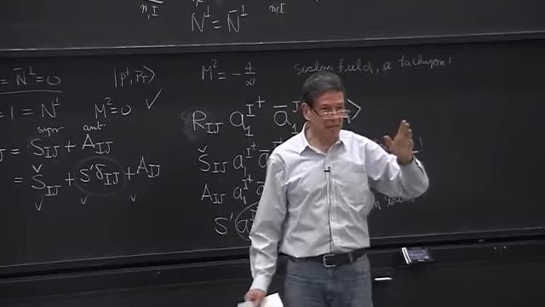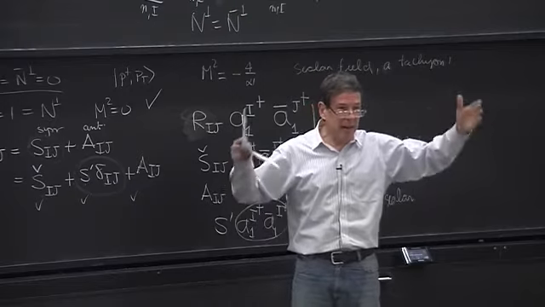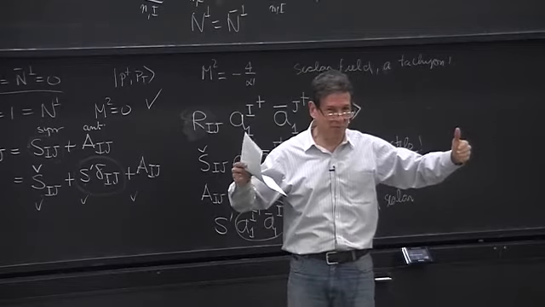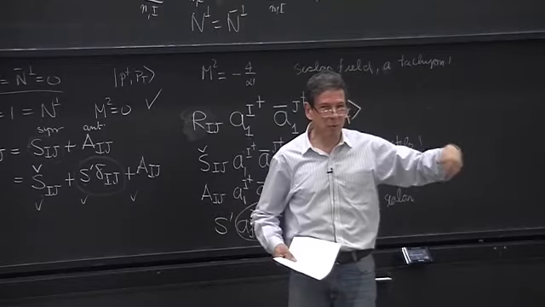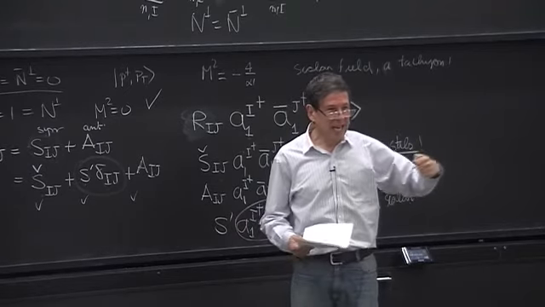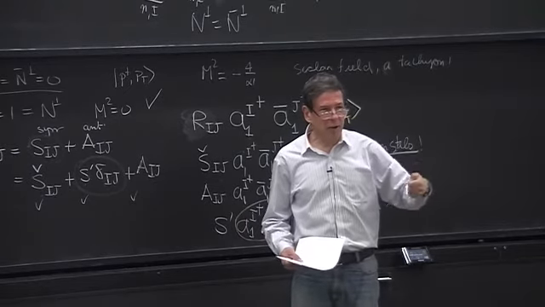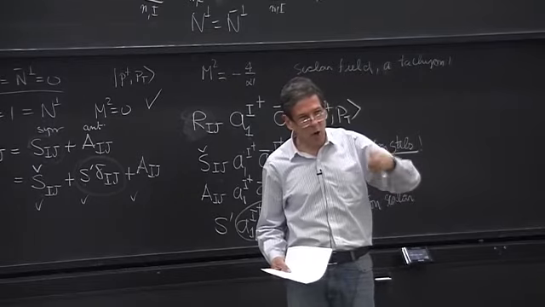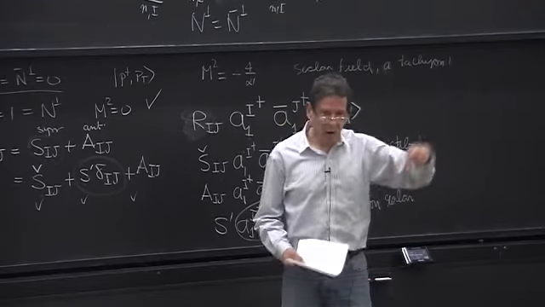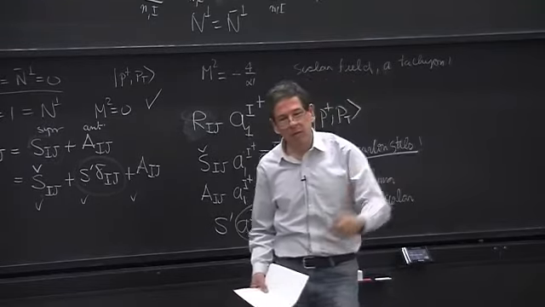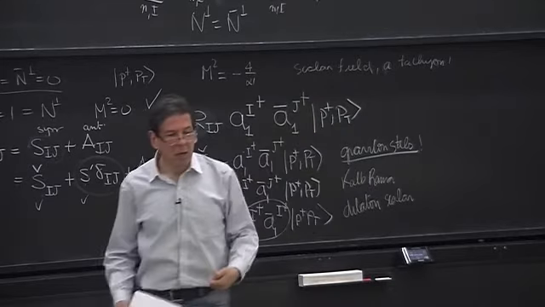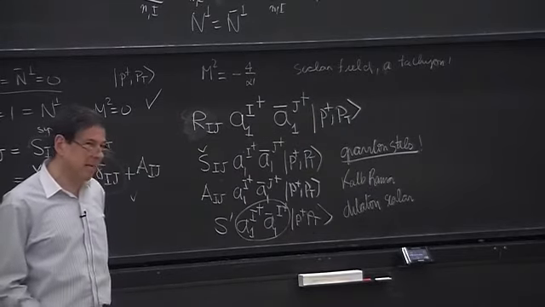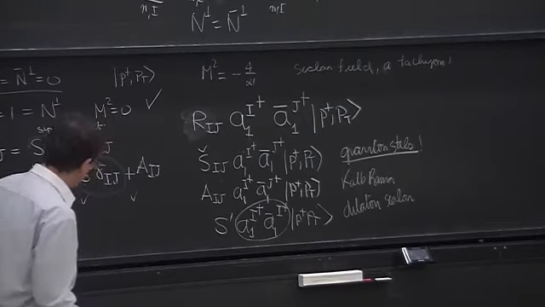You see, a massive vector has D minus 1 components. You probably have done that in the homework when you did the massive vector. All massive particles are representations of SO(D minus 1), while massless are representations of SO(D minus 2). So that's the difference.